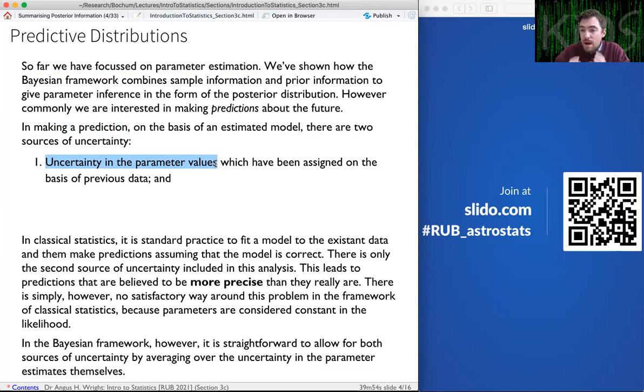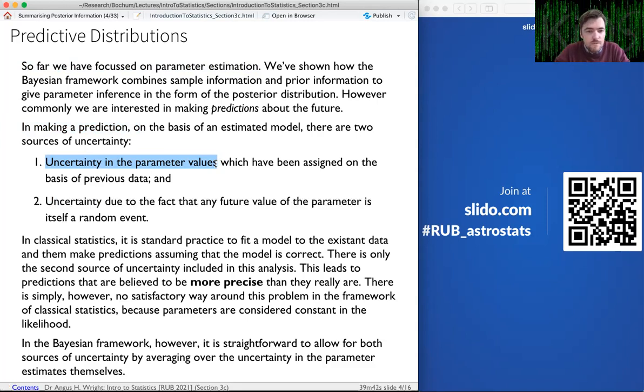If the parameters that you've estimated are not the truth, then they will bias your future prediction. So that's the first type of uncertainty. The second type of uncertainty is driven by the fact that any future value that you measure is itself a random event. So you can have a prediction, right? The easiest example of this is to think of a linear extrapolation.